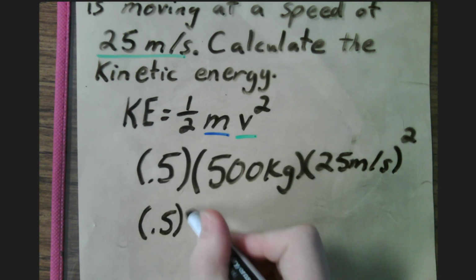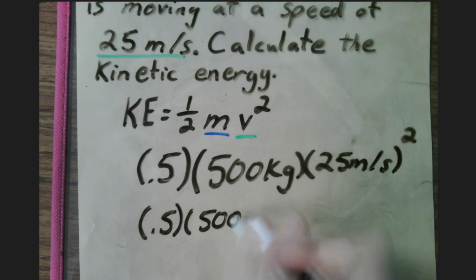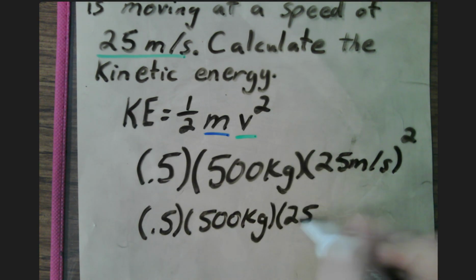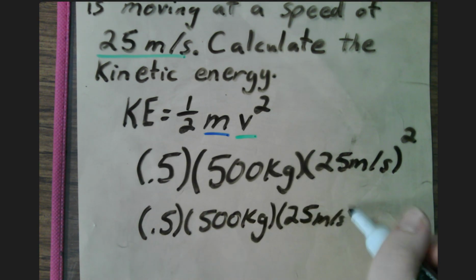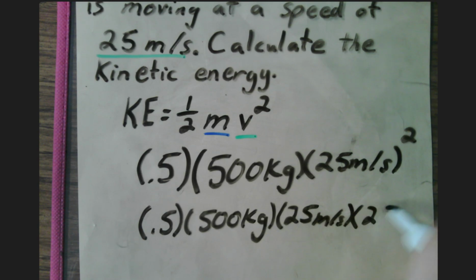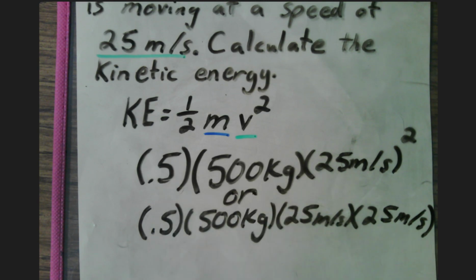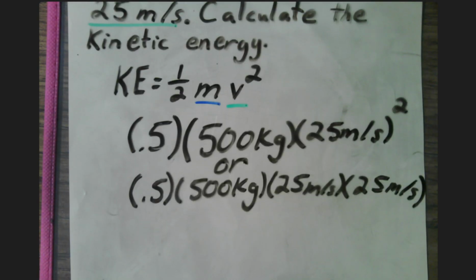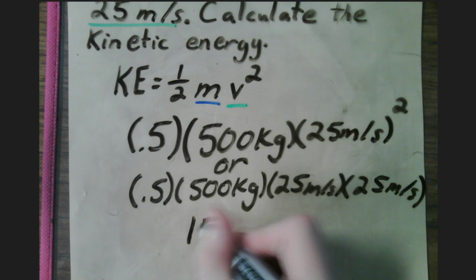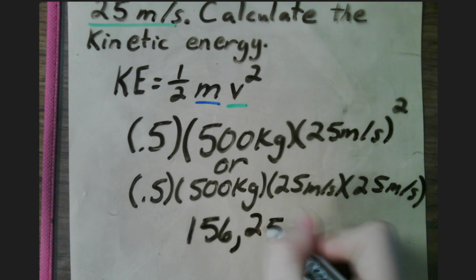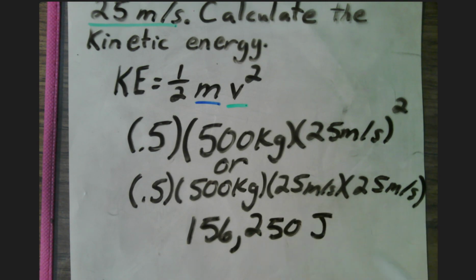Or 0.5 times 500 kilograms times 25 meters per second times 25 meters per second. We do one or the other. And then when we multiply all of this together, we get 156,250 joules.